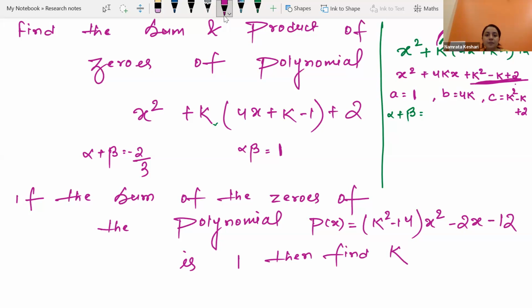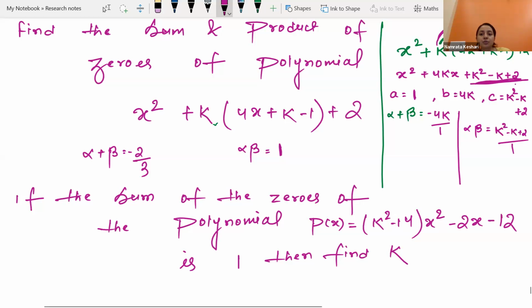So the main catch over here is to identify what is a, what is b, what is c. Sum of the roots will be minus b by a, and product of the roots will be c by a, where c is nothing but k square minus k plus 2, by 1. Is it crystal clear to all of you?